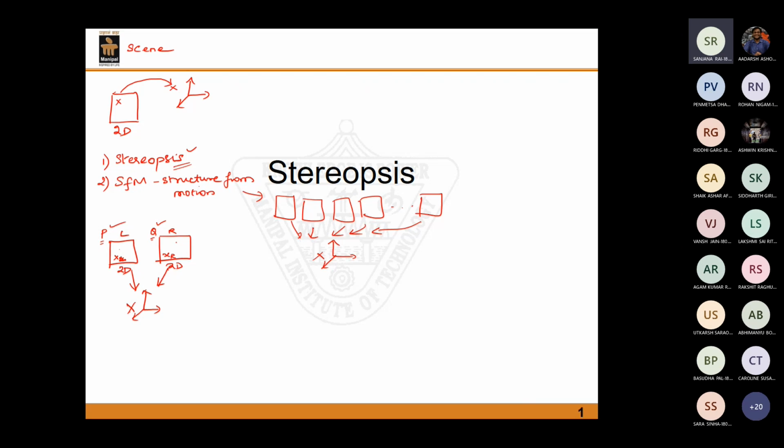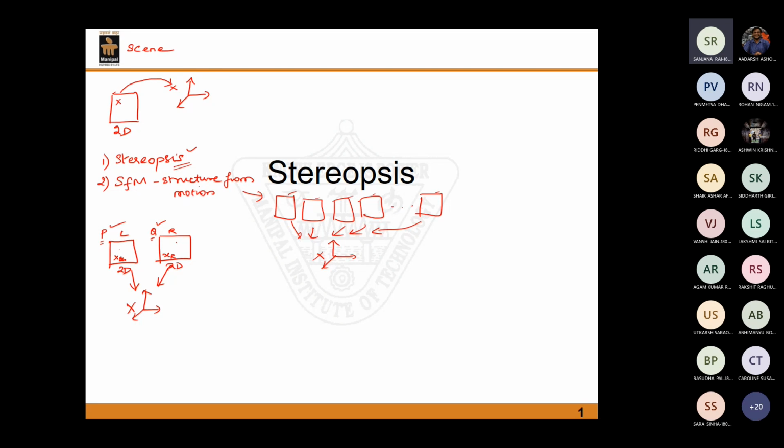Now, on the other hand, when it comes to the SFM method, we usually use this method if we do not know what the camera parameters are. Okay, so if we do not have information of the different camera parameters, then we usually go with the SFM method. So if you look at this, you have multiple images that you're using, right? And all these multiple images show different viewpoints of the same scene, which means that the camera parameters would be different for each of these images which we have considered here, right?